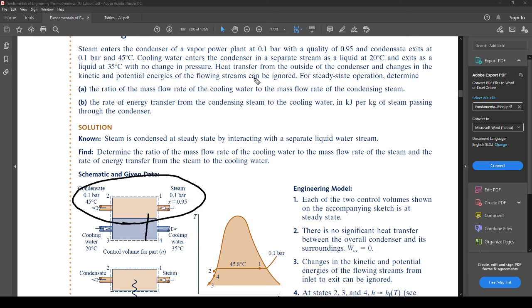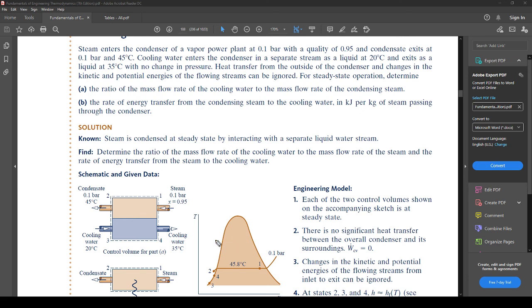Because remember, it says heat transfer from outside the condenser is gone. Essentially, we're saying that any heat transfer that takes place goes from one fluid to the next, right? So we know that all heat transfer from this fluid has to be picked up by this one. And what that means is that they are the same heat transfer, but they are opposites.